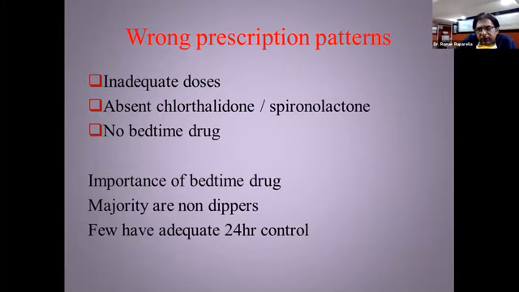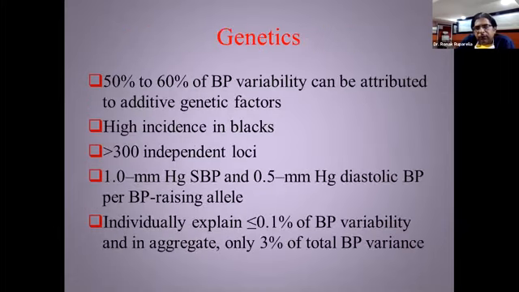By non-dippers, what I mean is that physiologically the blood pressure should decrease at night time, which is not occurring in these patients. And even after giving a long-acting drug that acts for 24 hours, few have 24-hour control. That means the drugs given in the morning are not effective at night. So it is very important to add a bedtime drug for better 24-hour control.